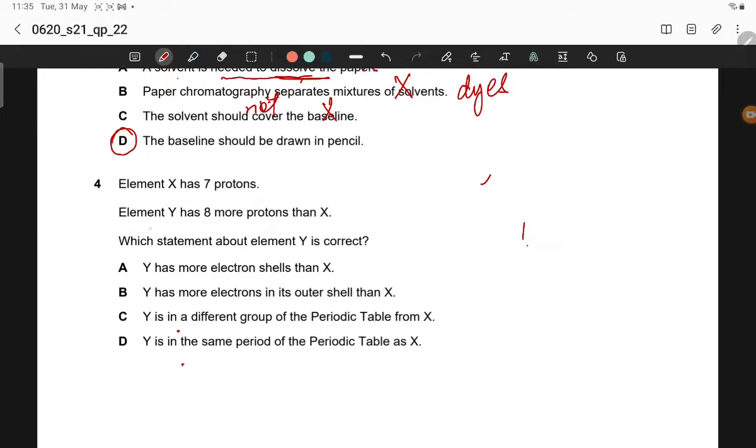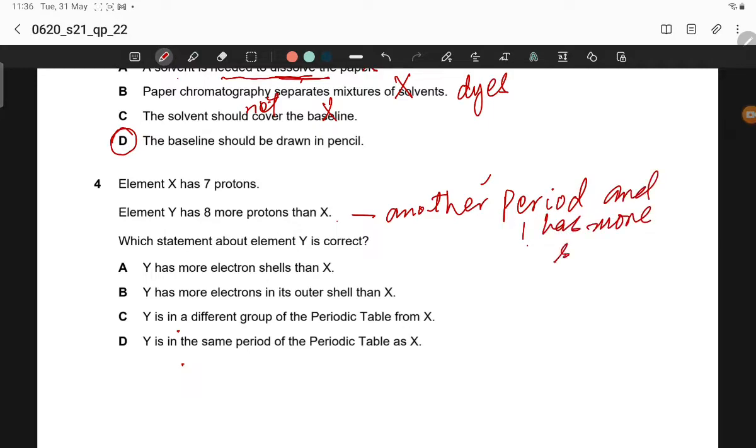Element X has 7 protons, and element Y has 8 more protons than X. So Y will be present in the next period and has more shells, because there is a difference of 8.